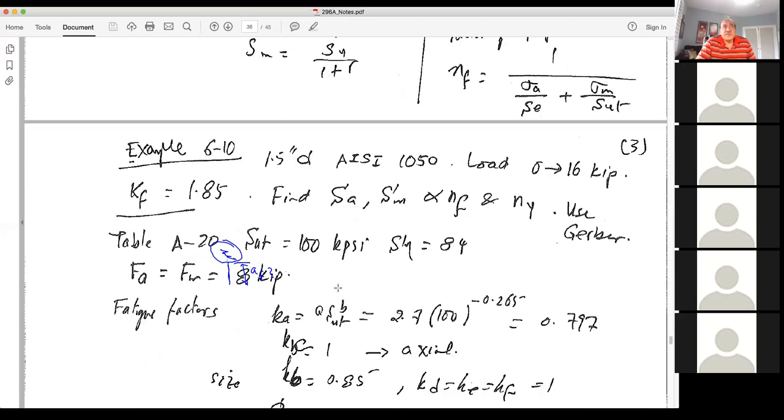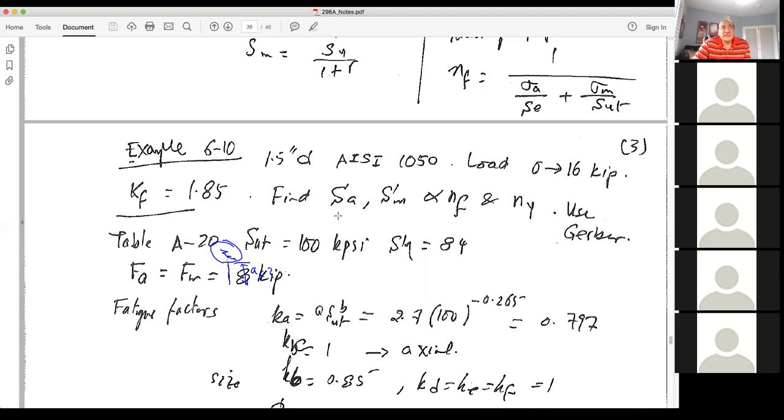Now this example is a procedure where we have one straight line, the Langer, and the other one is a parabola, which is a modified Goodman. So we have a 1.5 inch diameter AISI 1050 bar, load from 0 to 16 kip, axial. And it has a fatigue stress intensity factor, 1.85.